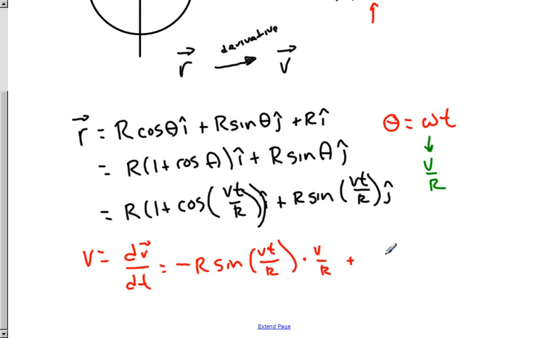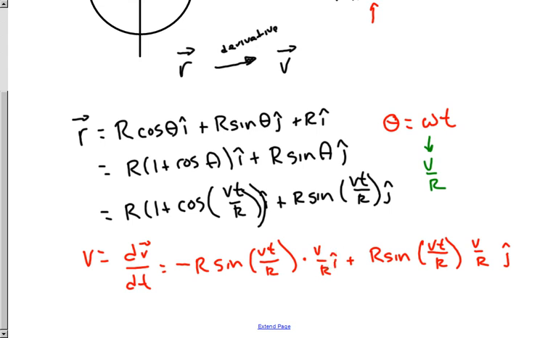And when we take the derivative of the other side, we will get a similar thing, plus r times the cosine of vt over r times v over r. And that's in the j hat direction, and this one's in the i hat direction.